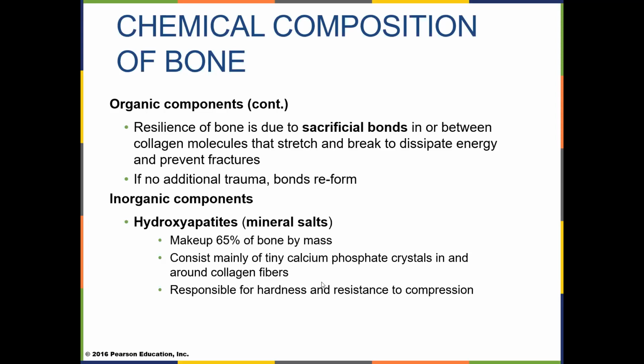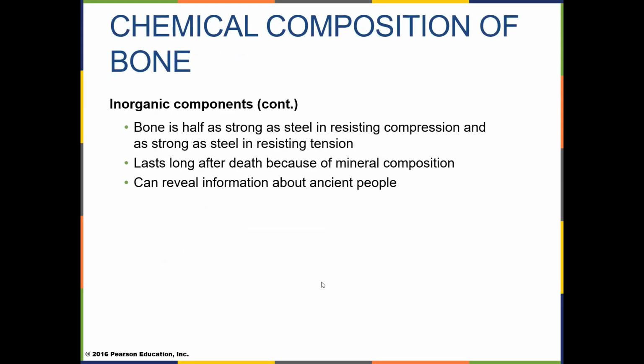That's what makes the bone hard, and the hardness from the minerals, combined with the collagen, gives our bone its great strength. Bone does not compress easily. Bone doesn't twist easily. Bone is durable. Bones will last for hundreds of years after our death.